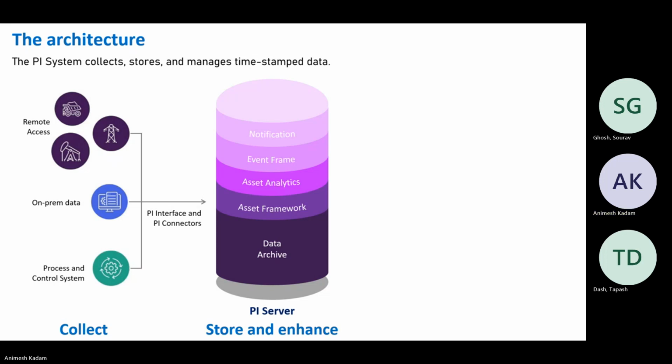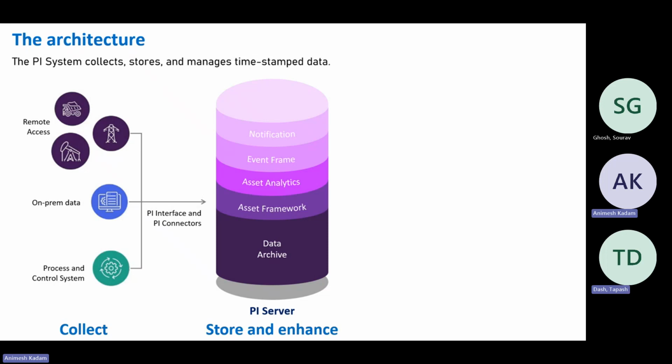There is one more thing, PI adapters, which is basically for another type of connectivity. It has other features and advantages, and it can send data to multiple types of databases. We will see that further.